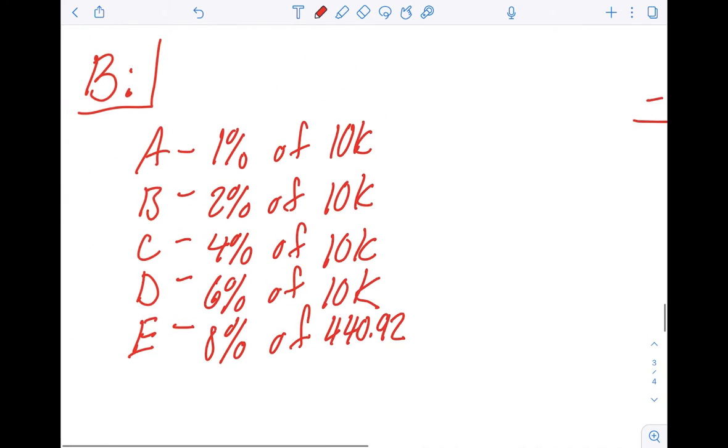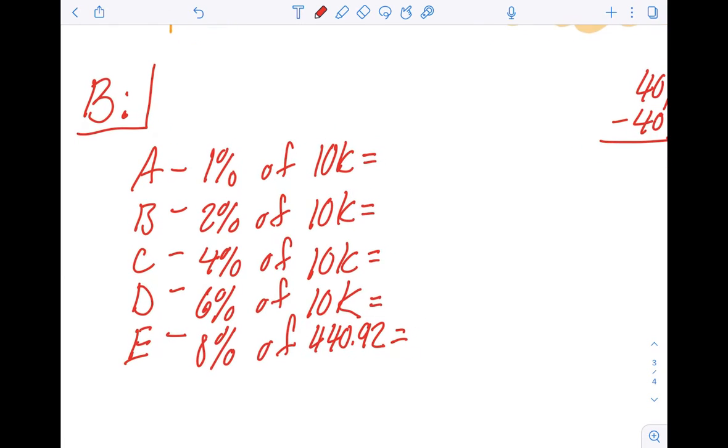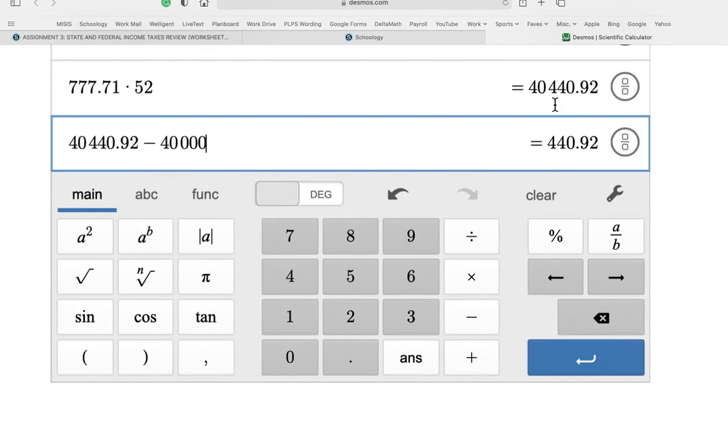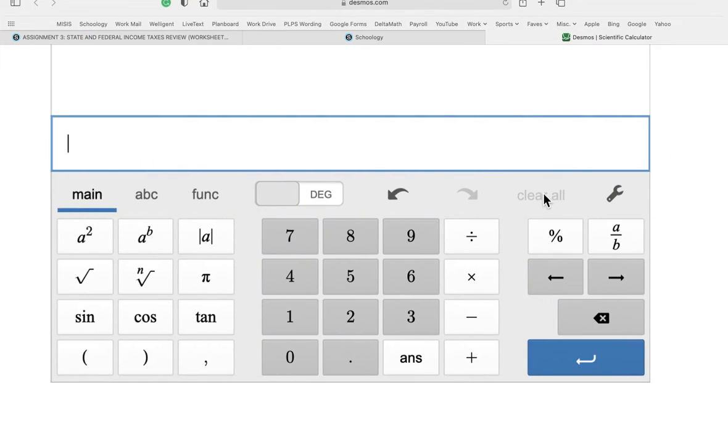So that is what goes right here: 440.92. Now we need to find all of these. 1% of 10,000. So I'm going to clear all and say 1% of 10,000 is 100. Don't mind that, those are my dogs.